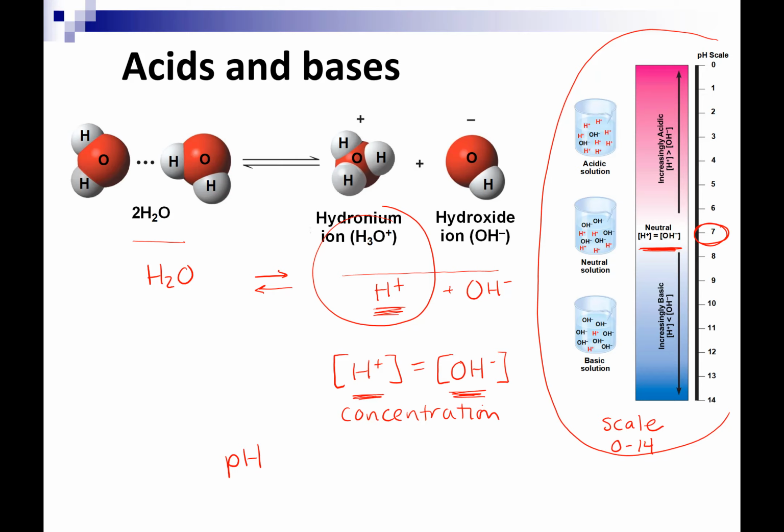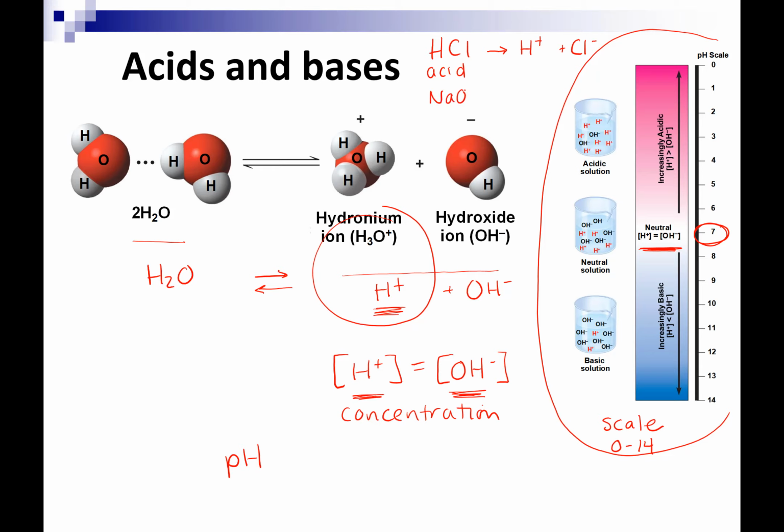So that's one of the natural sources of acids and bases. There are other acids, like you've probably heard of HCl, hydrochloric acid. This is an acid that will fall apart into an H plus ion and a Cl minus ion.